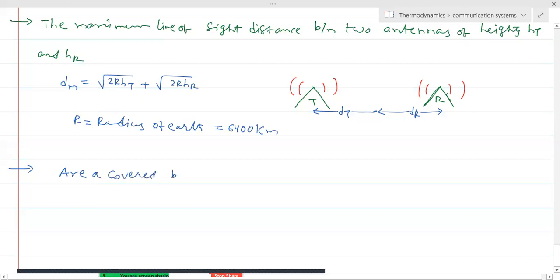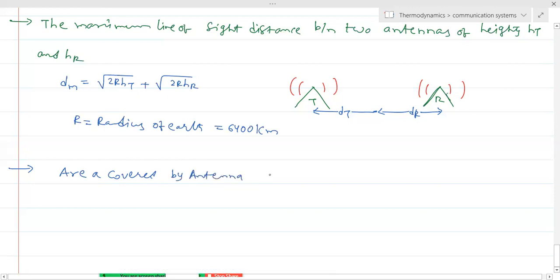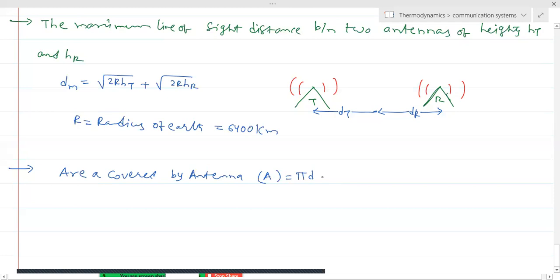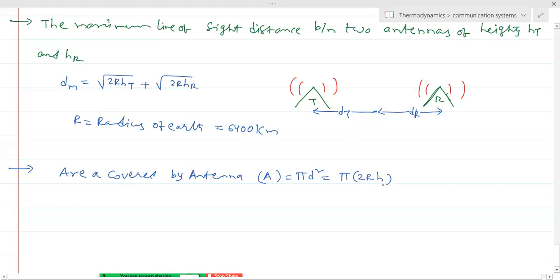That is, communication area covered by the antenna. So A equivalent to pi d square, and as d equivalent to root of 2rh, we get pi into 2rh, where h is nothing but height of antenna.